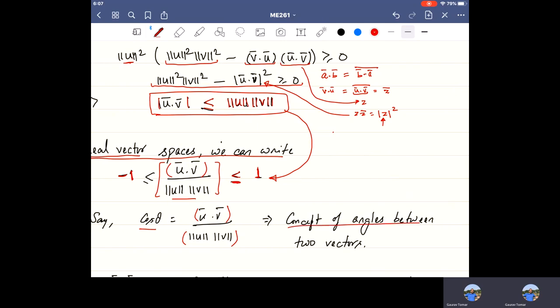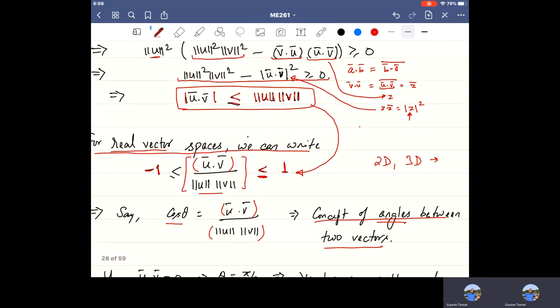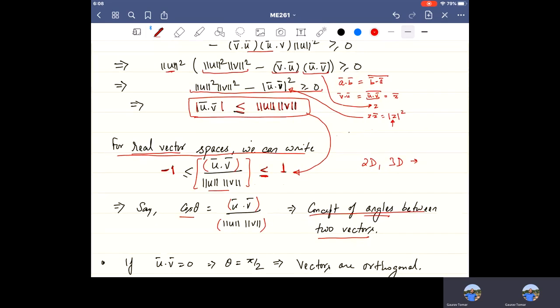Of course, this fits really well with our R2 and R3 spaces, two-dimensional and three-dimensional spaces. We can relate to it physically, the concept of angles with the dot product. But for n-dimensional spaces also, you can define angles between vectors, which is not very intuitive, but going by this definition, theoretically at least, we can define it.